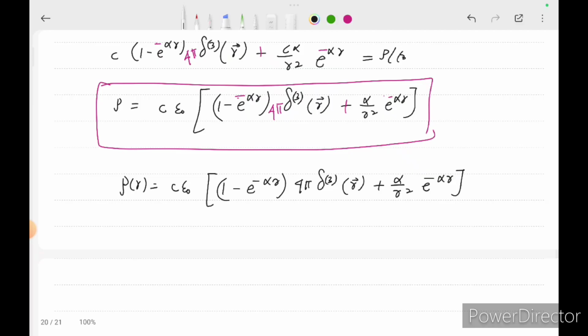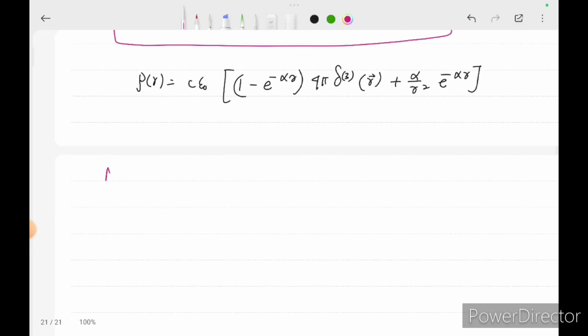So this is the charge density. Now we calculate the net charge contained within a radius r equals 1 upon alpha.